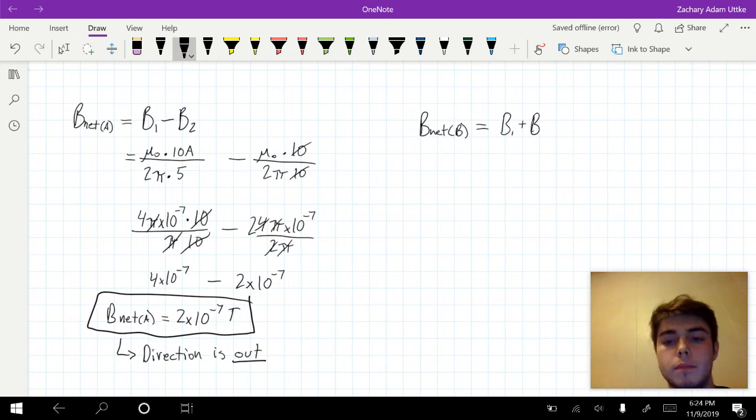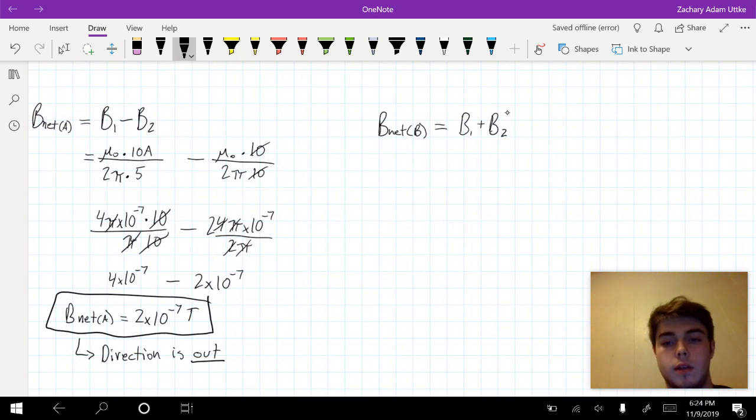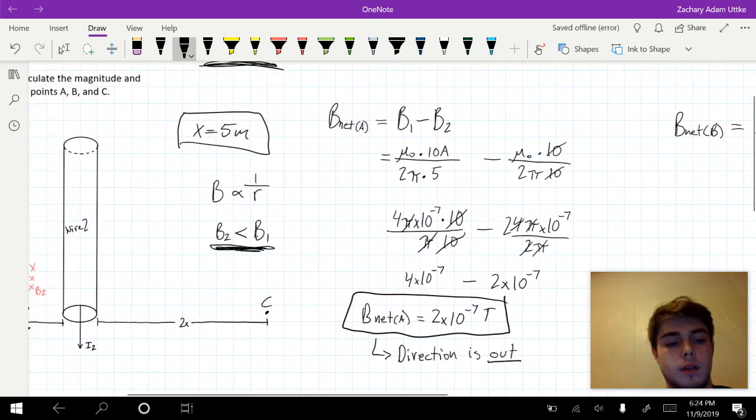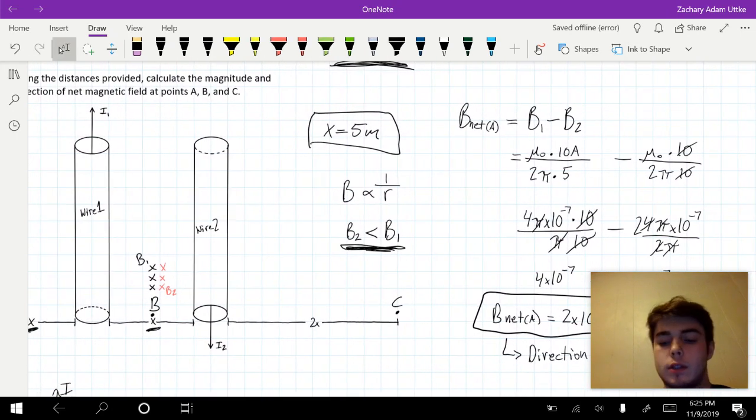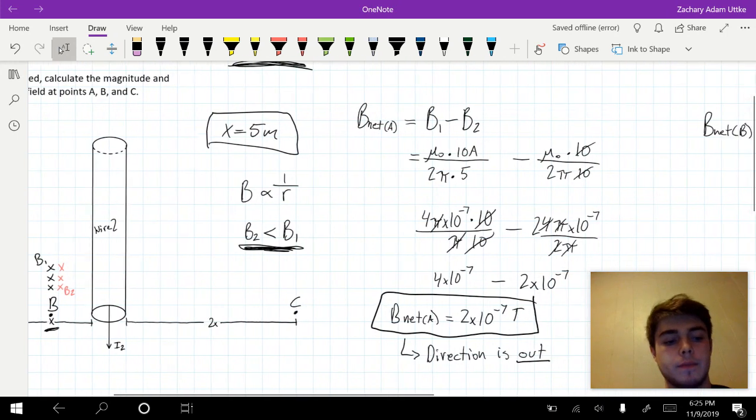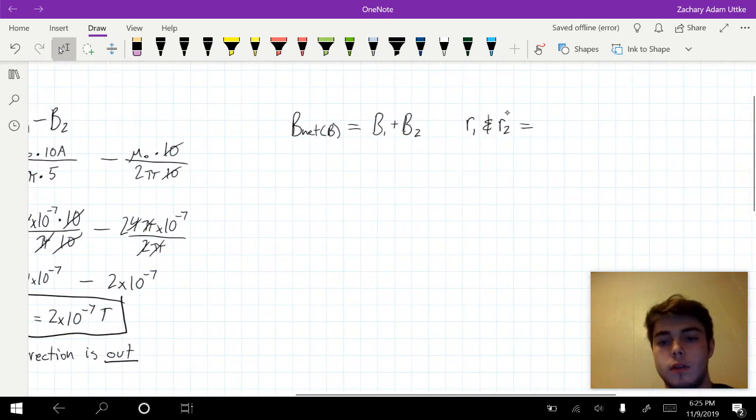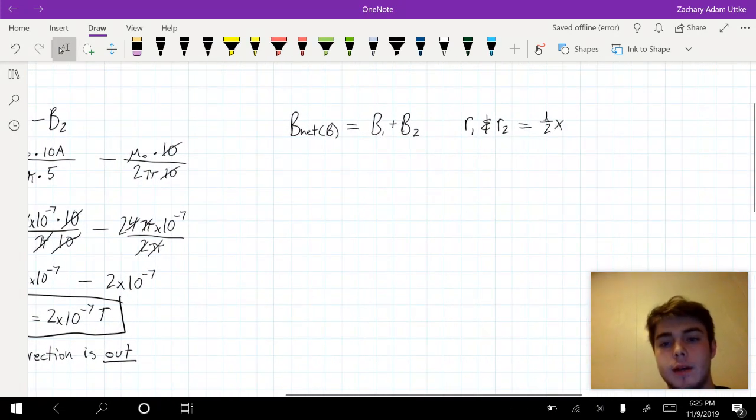B1 plus B2. And the distances, R1 and R2, they're both the same distance away because it's the midpoint between the two wires. So it's just going to be 1/2 x, which is 2.5 meters.